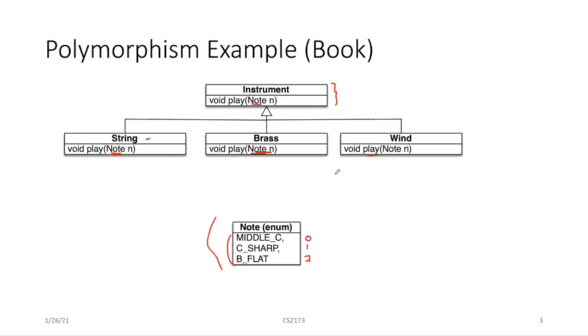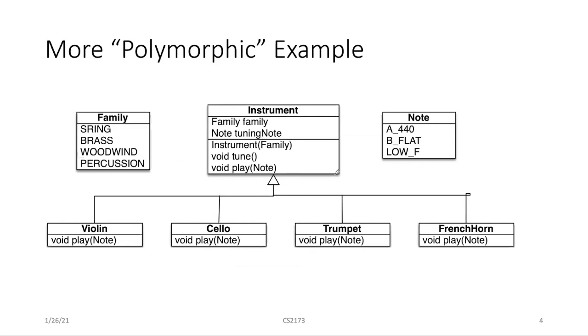Okay, so this is the book example. Again, that's one way of looking at it. And the example that I prefer is actually a little bit more like this. So the idea is I have some different notes here.